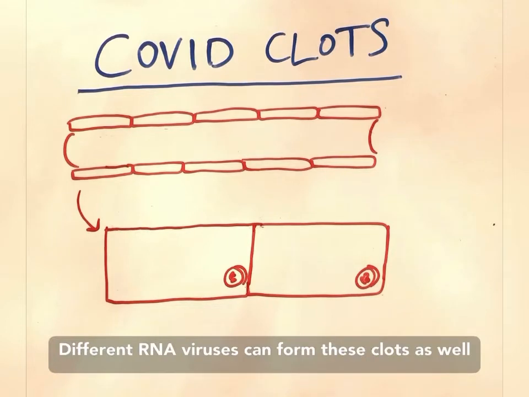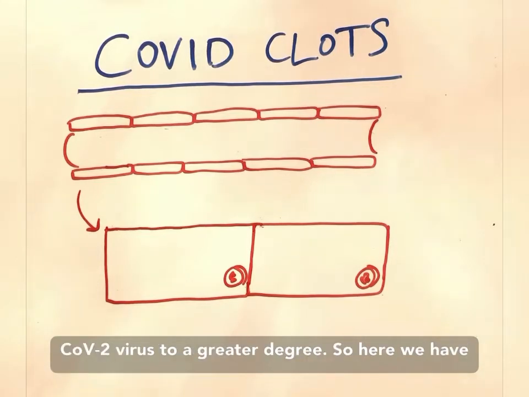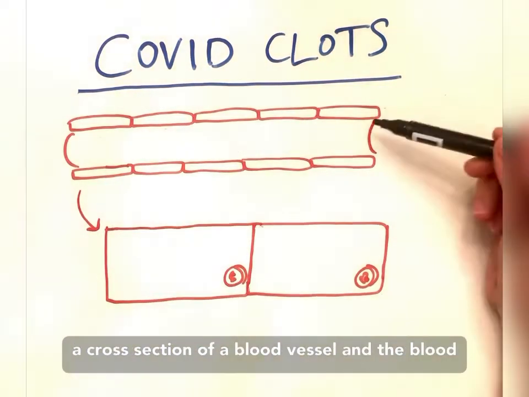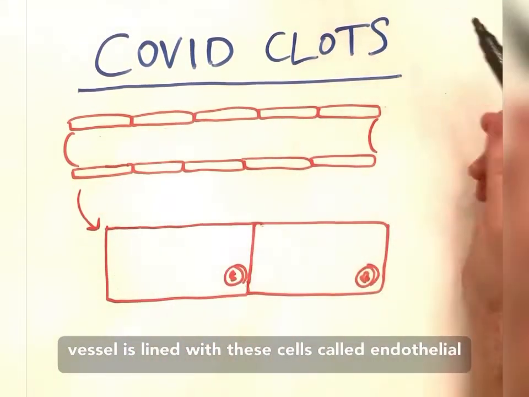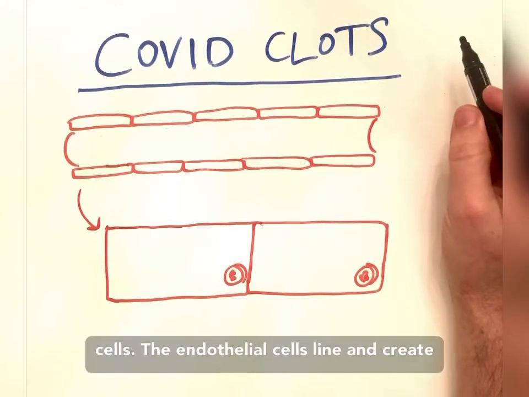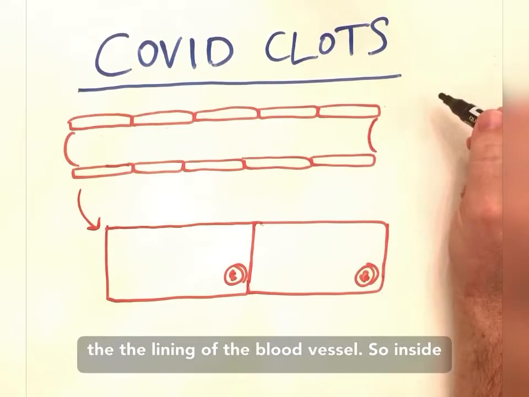Different RNA viruses can form these clots, but it's particularly happening with the SARS-CoV-2 virus to a greater degree. So here we have a cross-section of a blood vessel, and the blood vessel is lined with these cells called endothelial cells. The endothelial cells create the lining of the blood vessel.